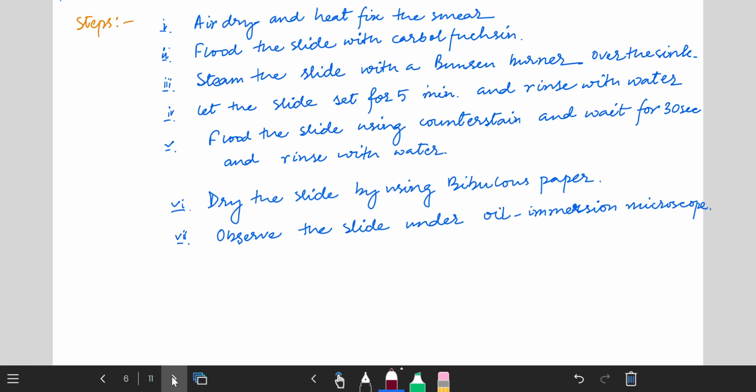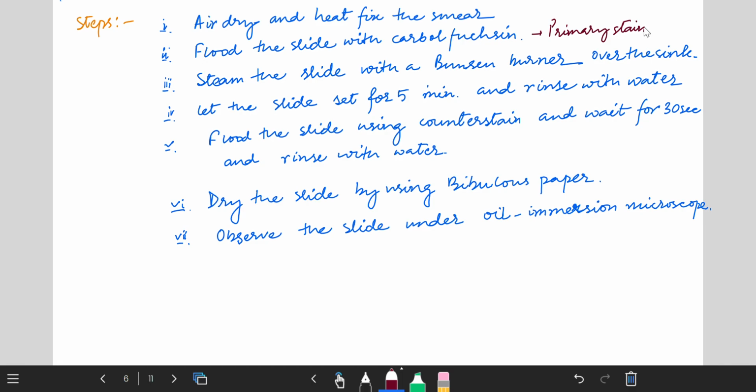So first, air dry and heat fix the smear, then flood the slide with carbol fuchsin, that is the primary stain. Then steam the slide with a Bunsen burner over the sink, because due to steaming the primary stain will be more soluble and more lipid soluble to the cell wall.